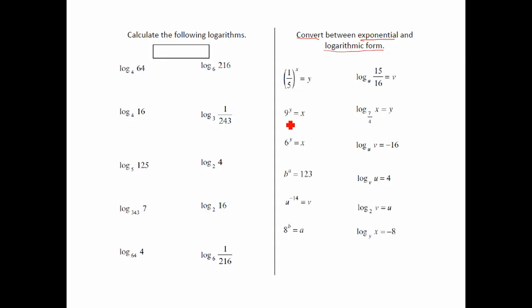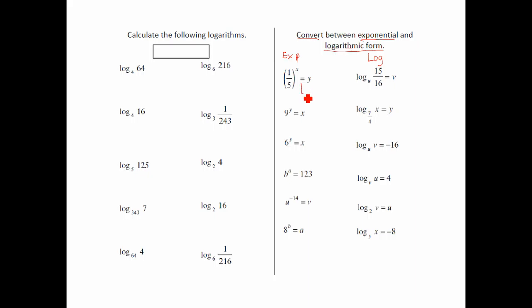So notice on this side, all of these have exponents in them. So this is exponent form. Notice this whole column has logs in it. So we want to be able to convert from exponent form to logarithmic form. If this is already in exponent form, what would its logarithmic form look like?